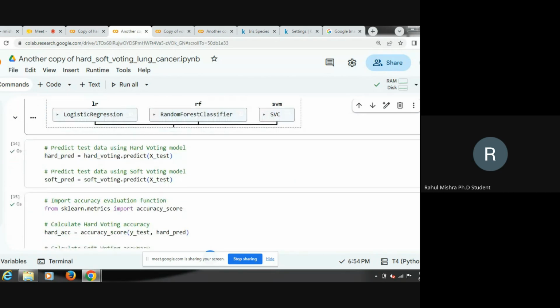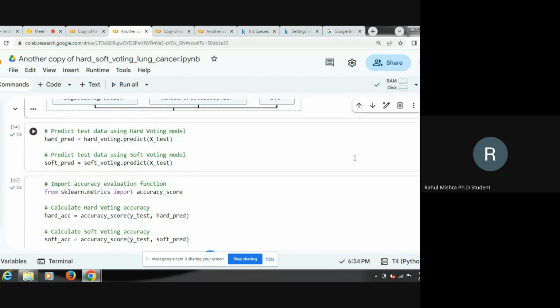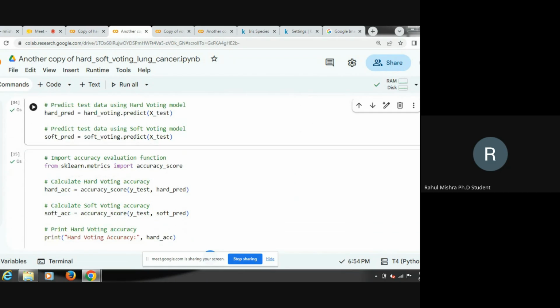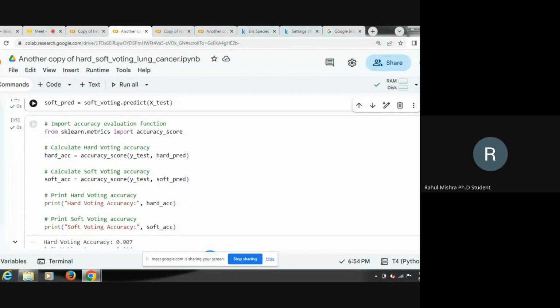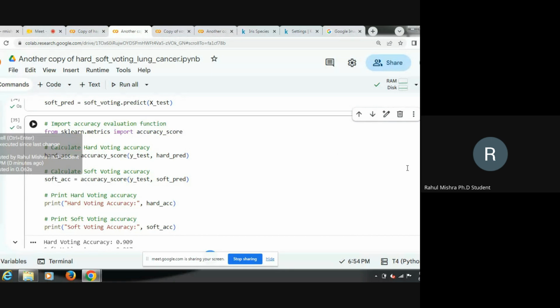In the next line, you can see we are predicting the test data set using the hard voting model and the soft voting model. I'm running the cell here. Then in machine learning, we calculate the accuracy score. In this cell, I've used accuracy for comparison of hard voting as well as soft voting. We will run the code and find out which performs better.